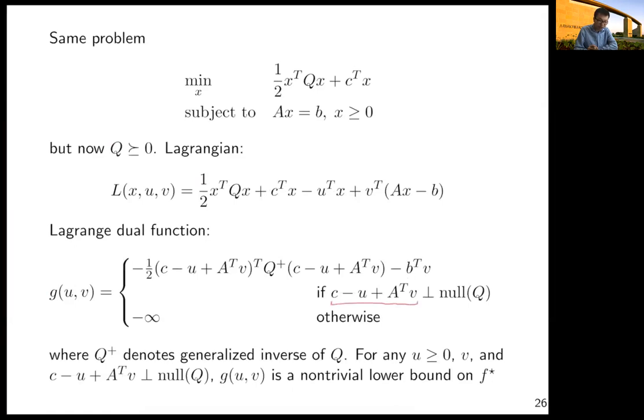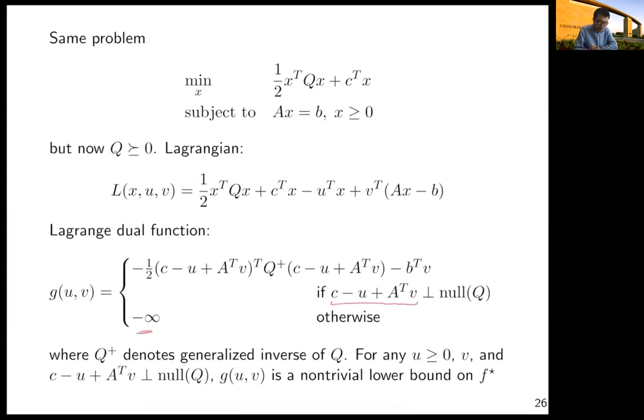If this is inside the null space, then we can always find an x such that we can get the Lagrangian to negative infinity as we minimize over x. Okay, so that happens here.